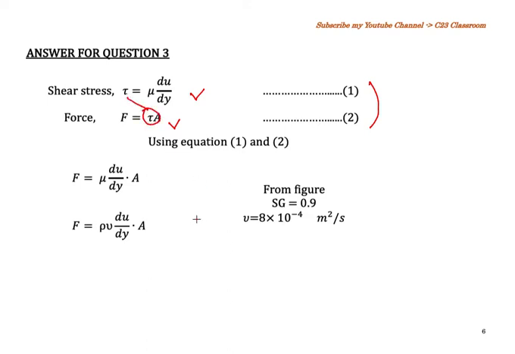In the question we do not have any value of dynamic viscosity. However, the relationship is that dynamic viscosity mu is equal to rho times nu, where nu is the kinematic viscosity. So we replace mu here with rho and nu.